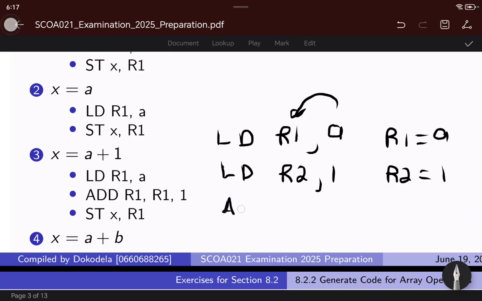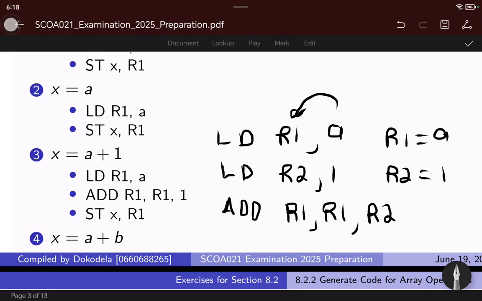Then I would add these two. Then I must store it somewhere, so I'm going to store this into R1. So the first register, we are saying that we are storing this addition of these two things into a certain register. So I'm going to store this into R1. I'm going to add the contents of R1 with the contents of R2.